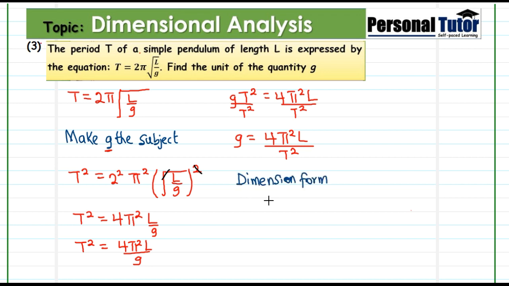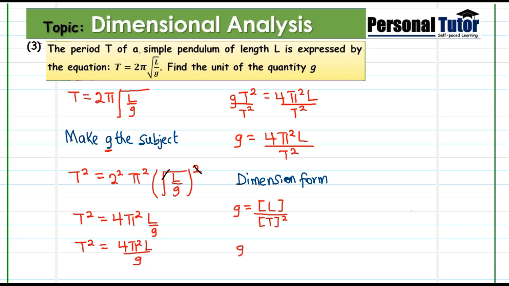So in converting them to their dimension, G is written as 4 is a dimensionless constant as well as pi square. So you have L as the only dimension there for the numerator, divided by, for the denominator, you also have t square.